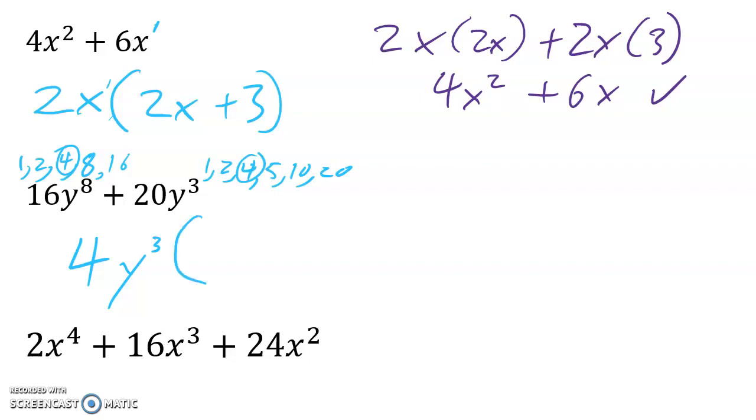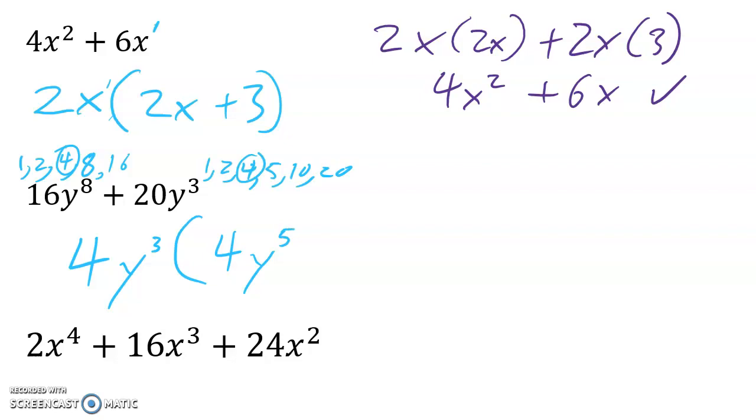So now I'm going to divide 16y to the 8th by the greatest common factor, 4y to the 3rd. 16 divided by 4, that's 4. Y to the 8th divided by y to the 3rd, that would be like 8 minus 3. I can subtract the exponents. That would be y to the 5th.